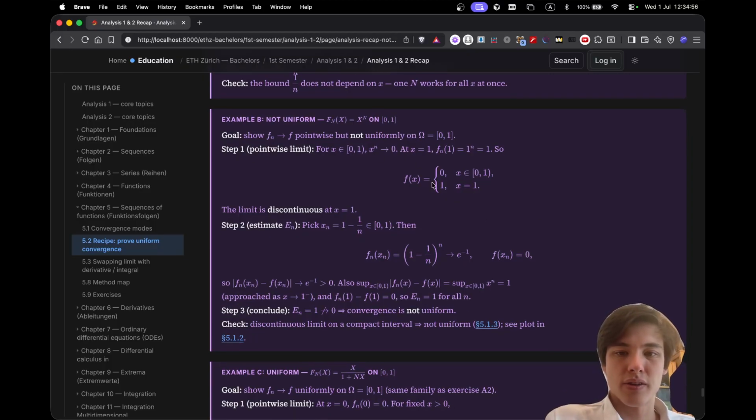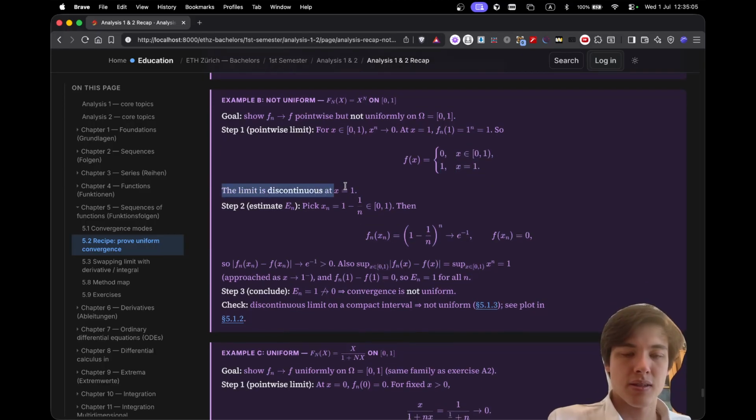Or actually, let's walk through it. The limit function will be 0 in this interval and 1 at the endpoint. The limit is discontinuous.